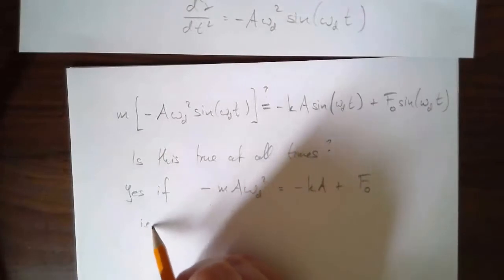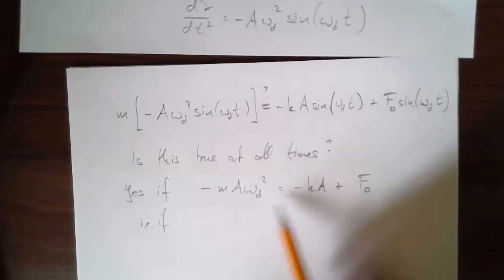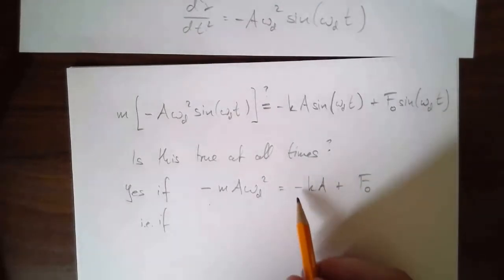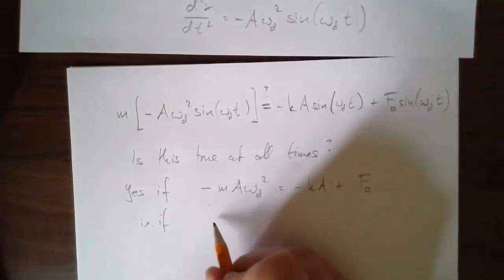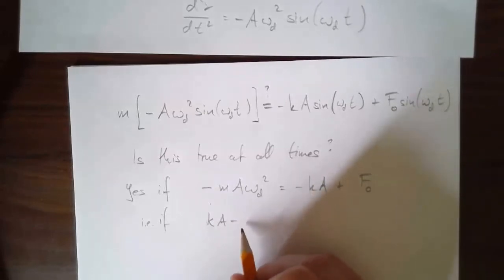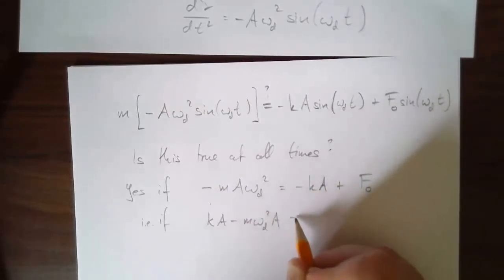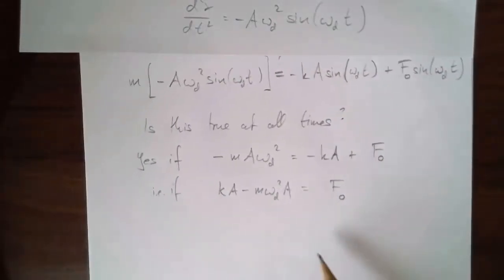So i.e. it's true if we can rearrange this a bit, and maybe I'll take this term here to the left. So I'm going to get k A minus m omega d squared A is equal to F naught. Let me rearrange this a little bit more.